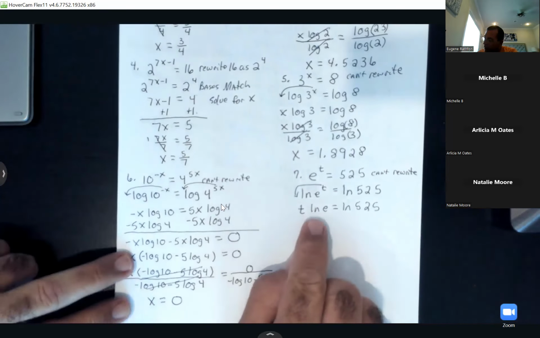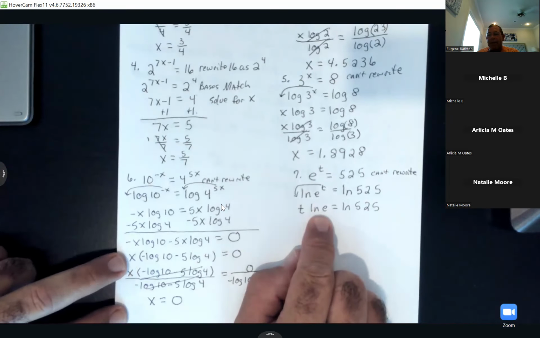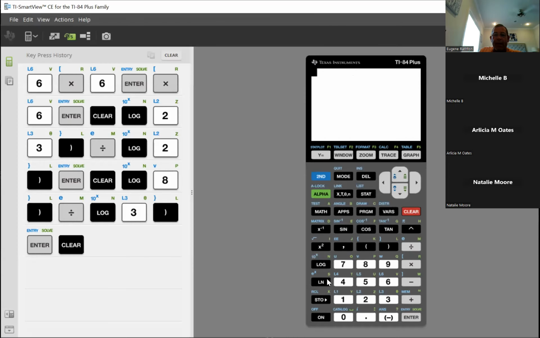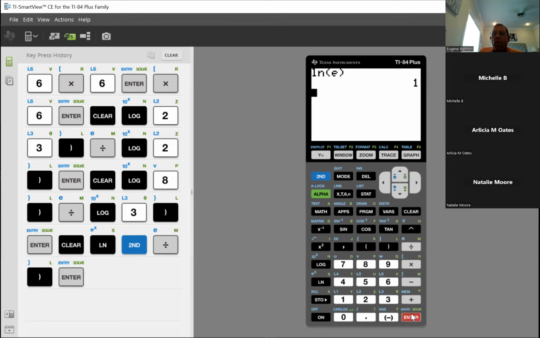But y'all, let me show you. This ln of e, let me show you on the calculator what it's going to equal. If I come in here and punch my ln button, and then I do second divide to get that e, y'all watch this. ln of e equals 1.